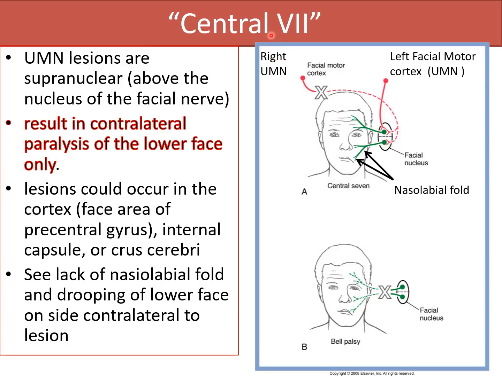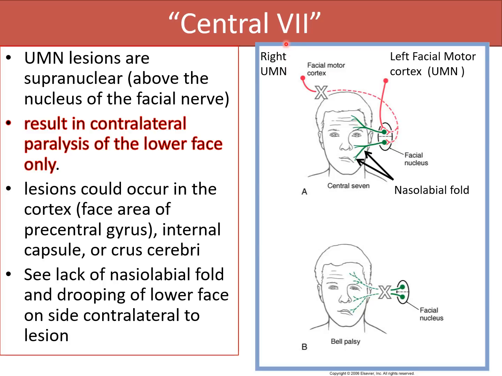An interesting feature of cranial nerve 7 is that a portion of the cranial nerve nucleus gets bilateral input from both hemispheres. So the upper portion of it gets input from both hemispheres, while the lower portion gets input only from the contralateral side.